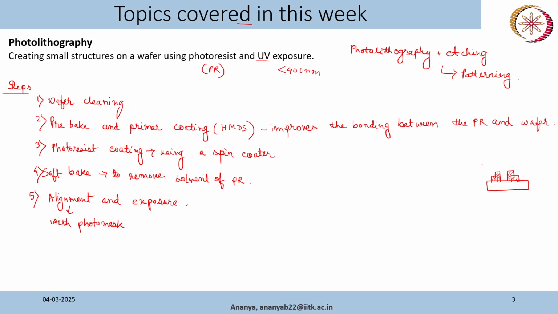These are very small dimensions, in micro dimensions, so you cannot directly see them. You have to use some lenses, some microscopic arrangement, so that you can see these features, and you have to align your second mask so that finally you will get this kind of pattern.